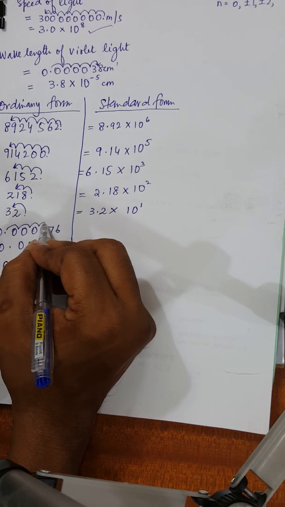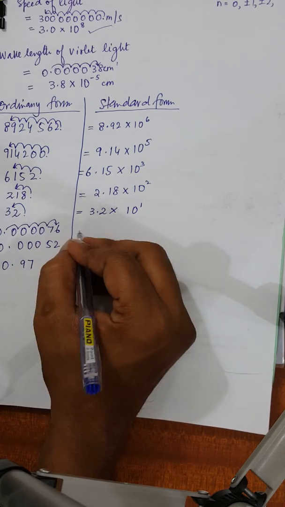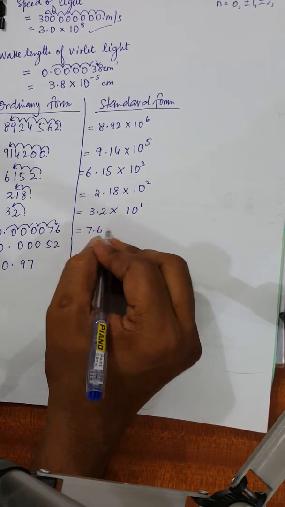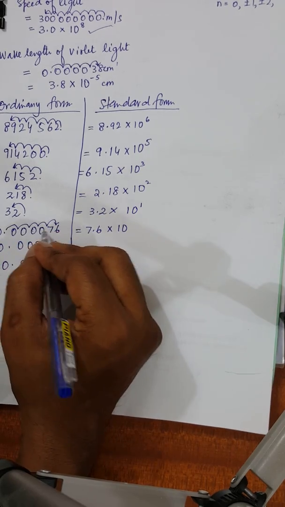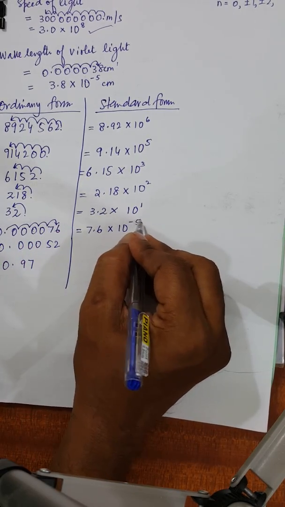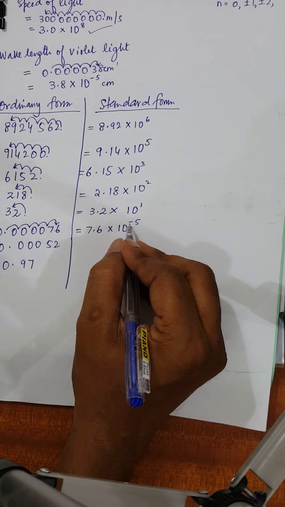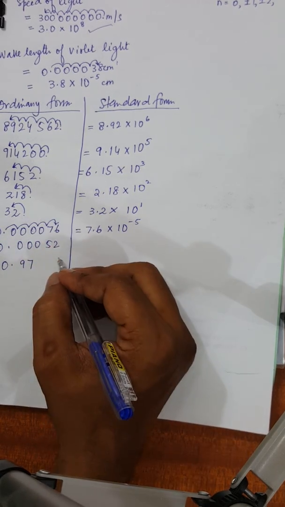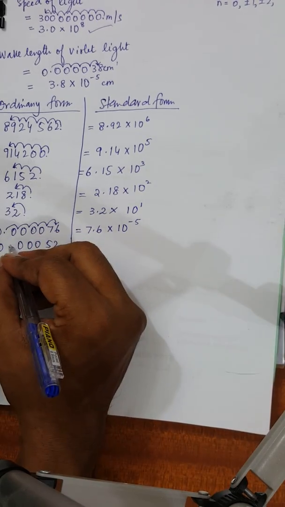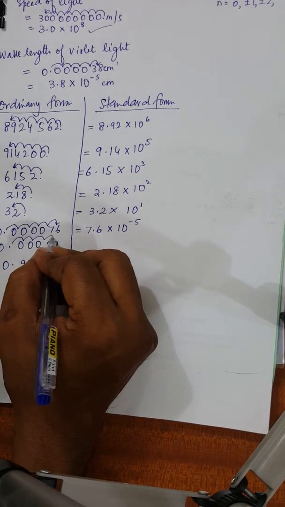1, 2, 3, 4, 5. So this becomes 7.6. And how many places do I move? 1, 2, 3, 4, 5. Negative 5. Again, a negative sign, because now I'm moving the decimal places in the opposite direction on the right hand side. Look at this. 1, 2, 3, 4.